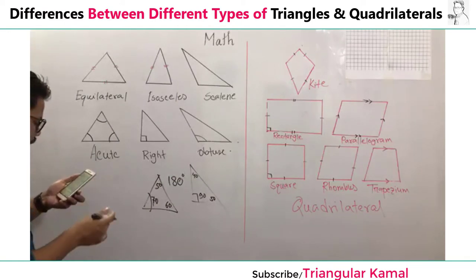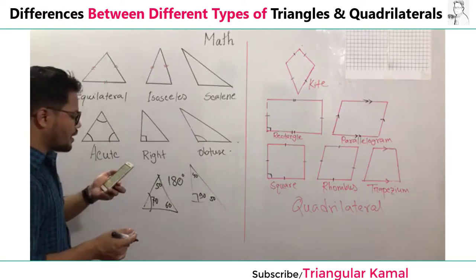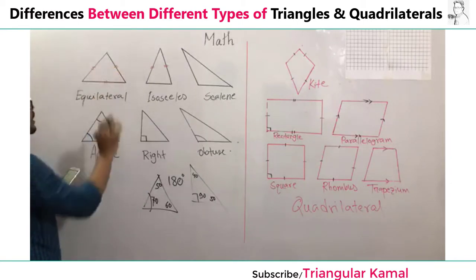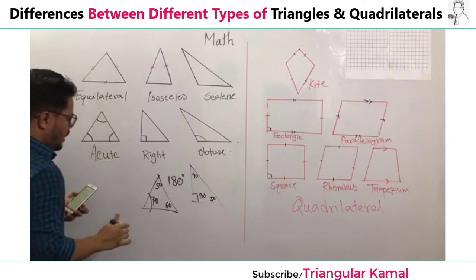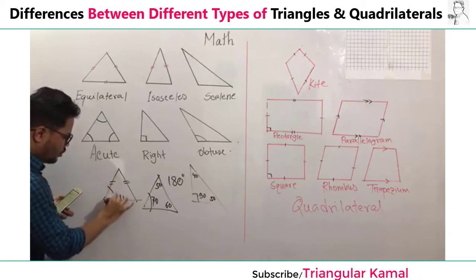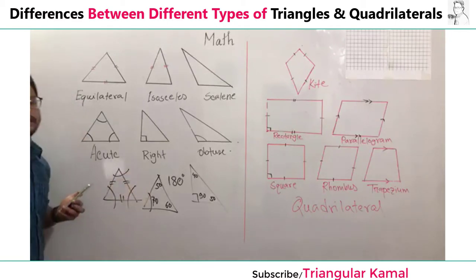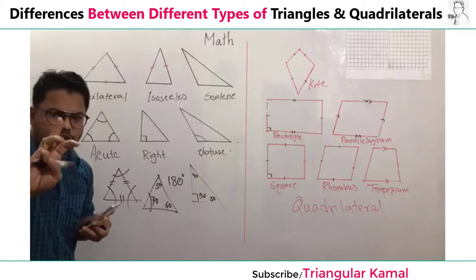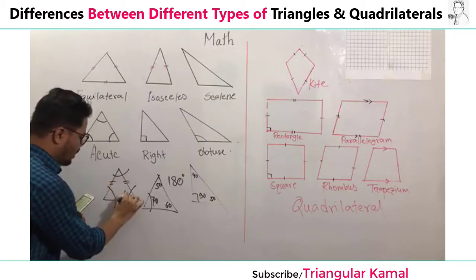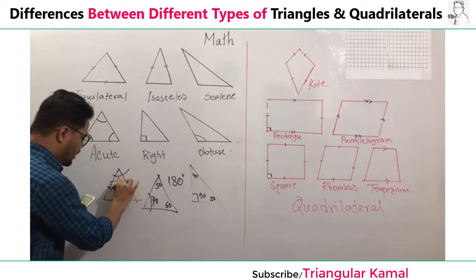The second one: an equilateral triangle has 3 equal sides. Already we know an equilateral triangle has 3 equal sides. It is also called an equiangular triangle. When the 3 sides are equal, their respective angles are also equal, and each angle will be 60 degrees.